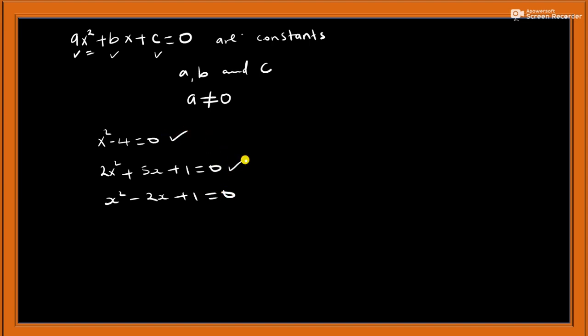All these are quadratic equations, because the highest power of x in each of them is 2. So any equation where the highest power of x is 2 is considered a quadratic equation.